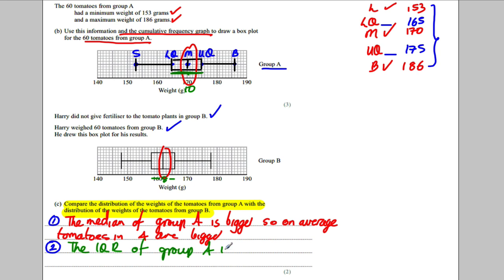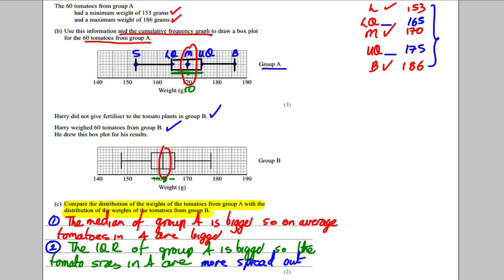A is bigger. Okay, we state that. So what? So the tomato sizes in A are, and you have to state this, more spread out. Okay, and we're done there for the remaining marks.